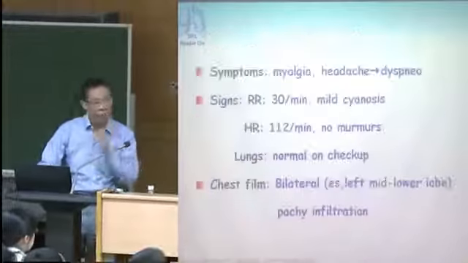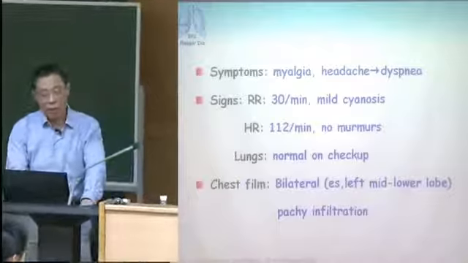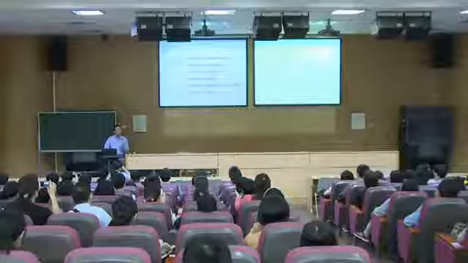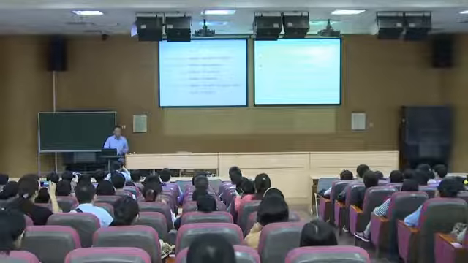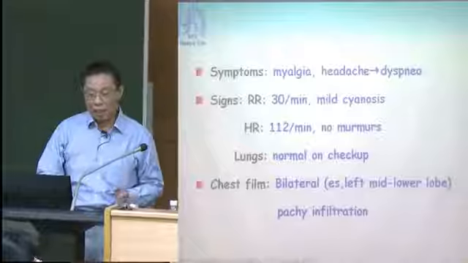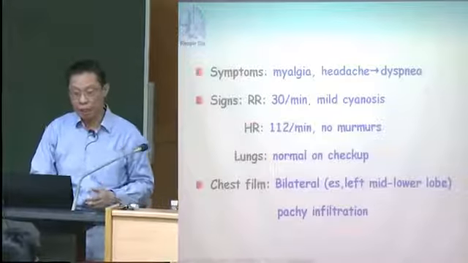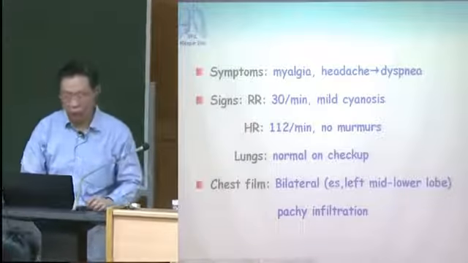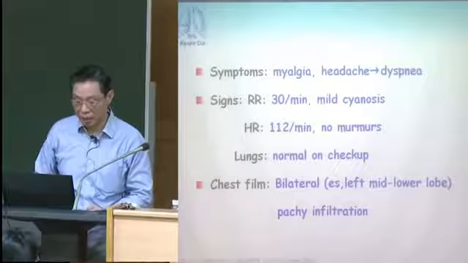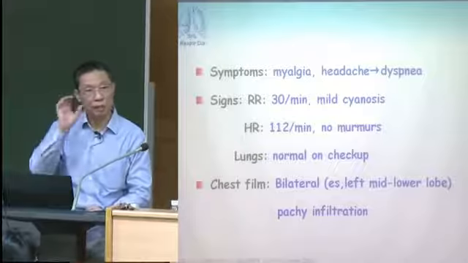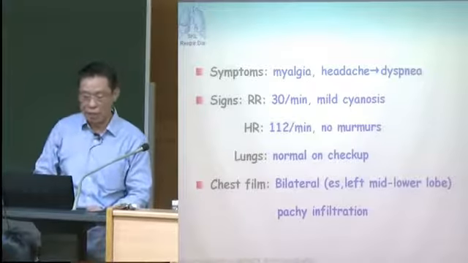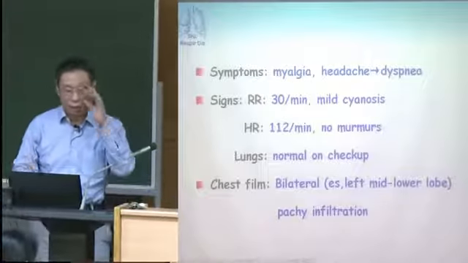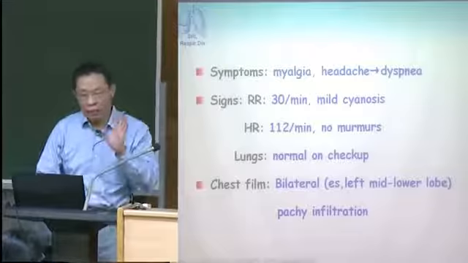What happened to this patient? The symptoms were myalgia, headache, and then dyspnea, shortness of breath. The signs: the respiratory rate was quite high, there was mild cyanosis, and the heart rate was fast. There were no murmurs, and the lung examination was normal. The chest X-ray showed bilateral patchy infiltration, in particular on the left side.